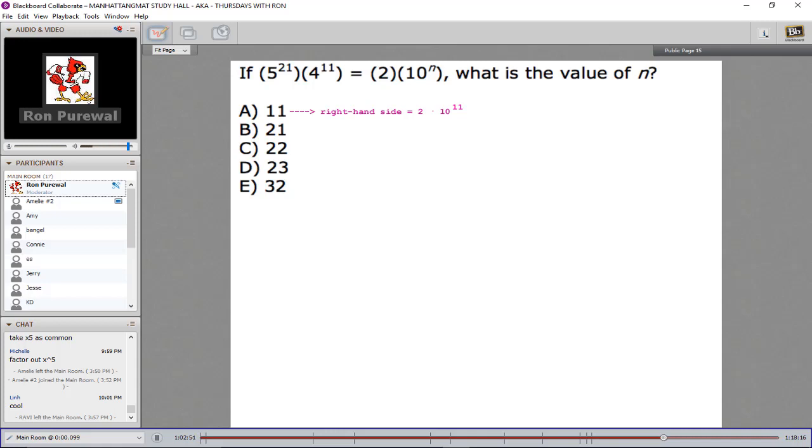If you think about how 5 to the 21 works, that's 5 times 5 times 5 times 5, etc. How many pairs of 5s are you going to get out of that?